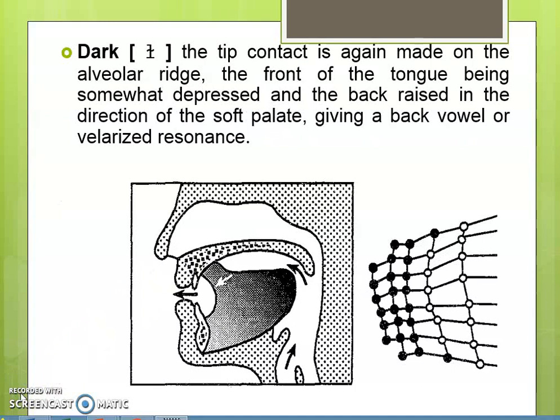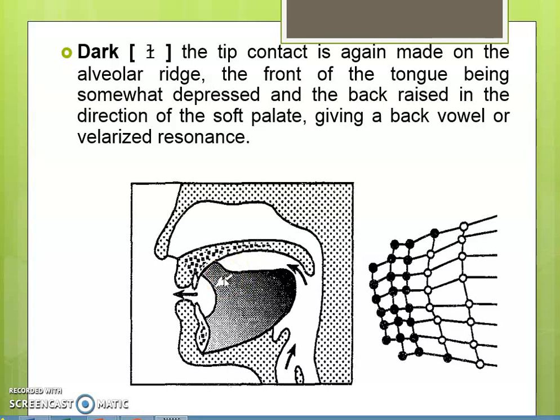Another variant, or allophonic variation, of the lateral phoneme is the dark L. In the production of this allophone, of course, the tip and blade of the tongue articulate with the alveolar ridge, and at the same time, the front of the tongue is somewhat depressed.